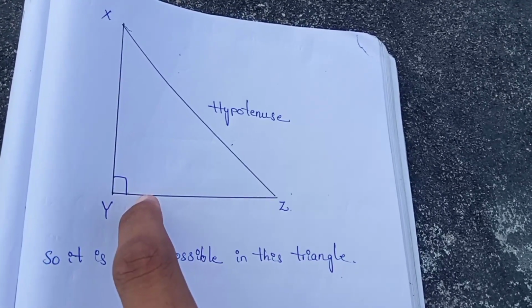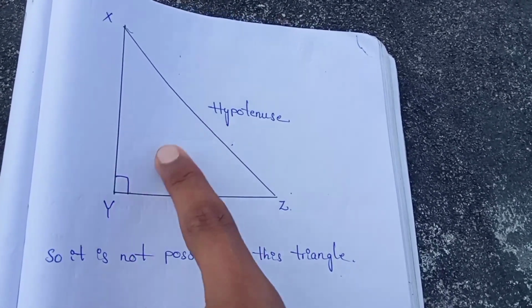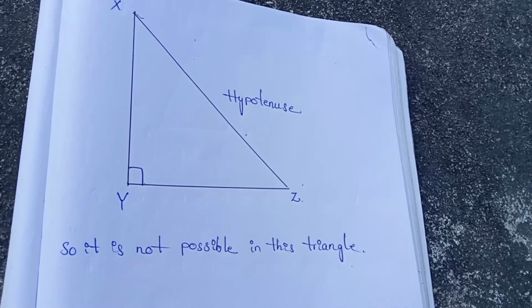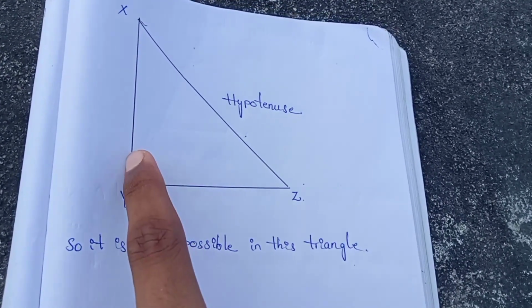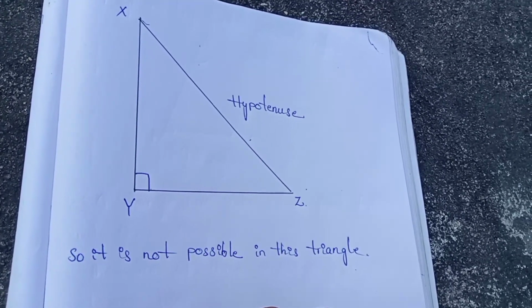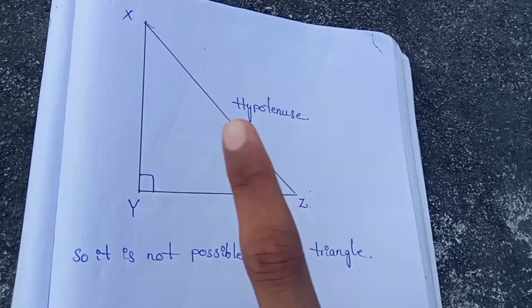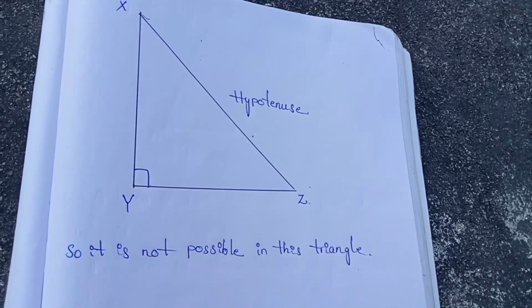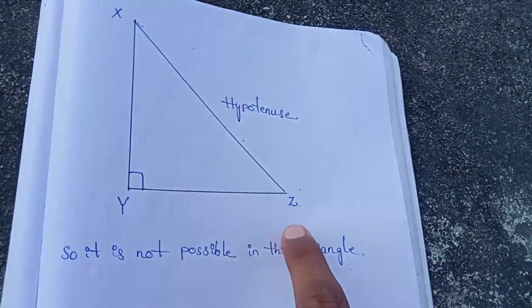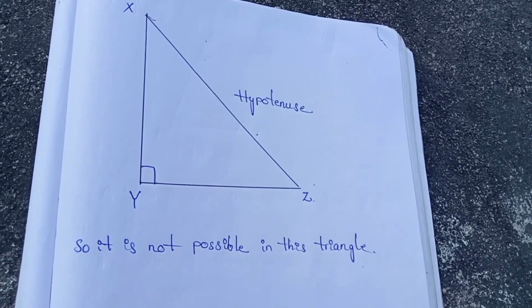When we take Y, this is the opposite but it is actually the hypotenuse, so it is not possible. So we have to take X and Z only.